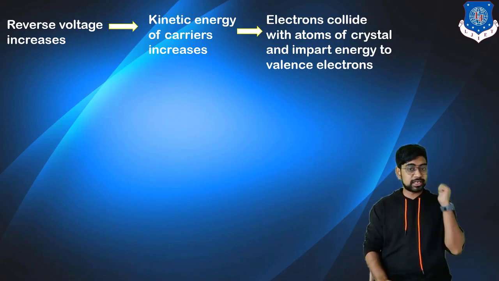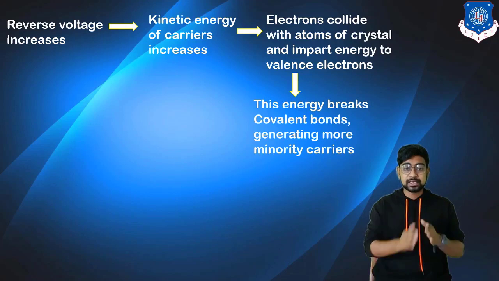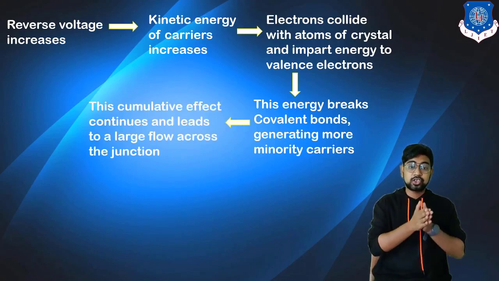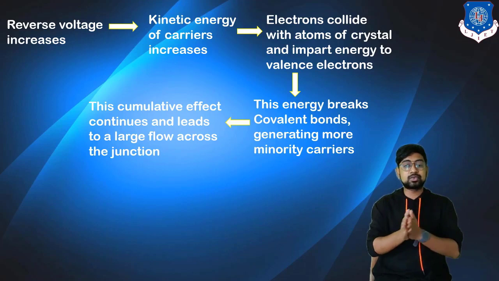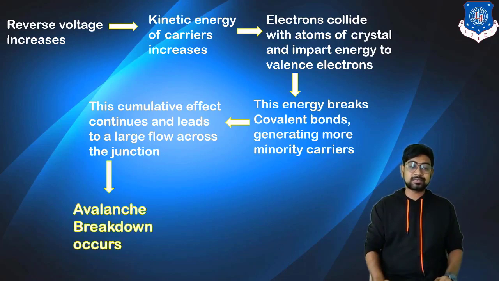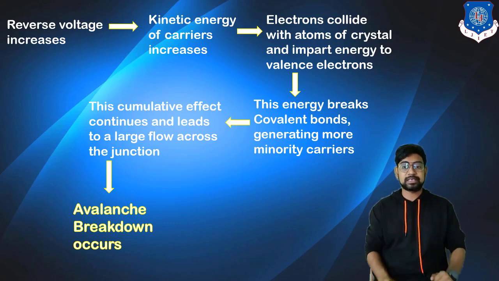Once the valence electrons are taken out, this energy breaks the covalent bond, generating more minority carriers, as we have discussed. This cumulative effect continues and leads to a large flow across the junction. So this gives you the avalanche breakdown.